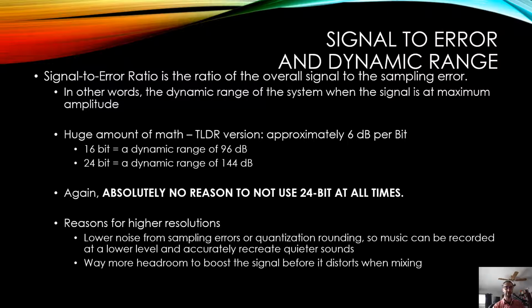So there's a lot of stuff there involving math, but basically there is a 6 dB per bit sampling error that gives you the dynamic range. So for 16-bit, you have a dynamic range of about 96 decibels. At 24-bit, you have a dynamic range of 144 dB. So again, there is absolutely no reason not to use 24-bit at all times.